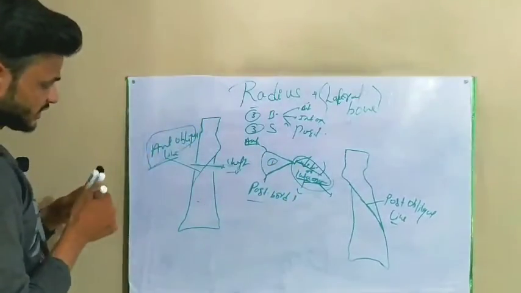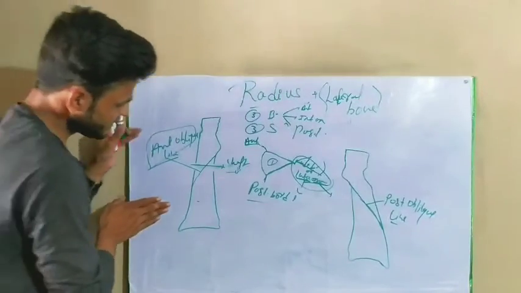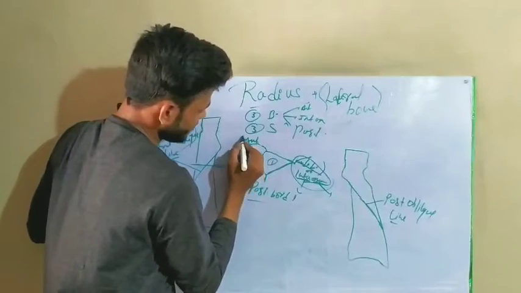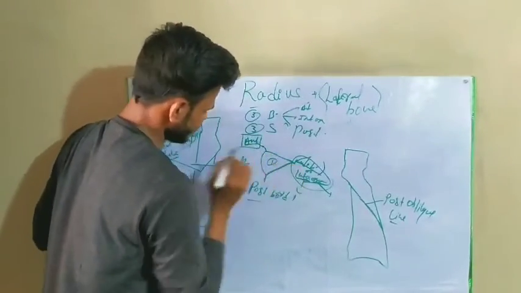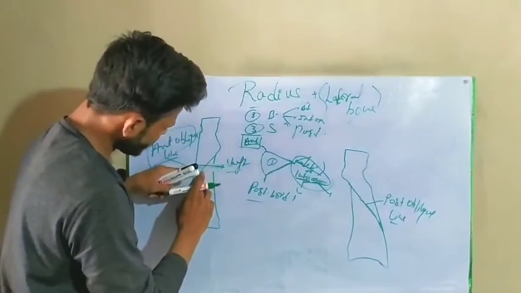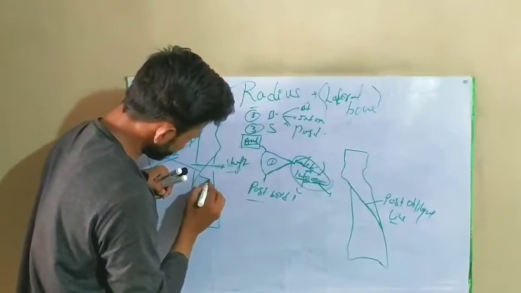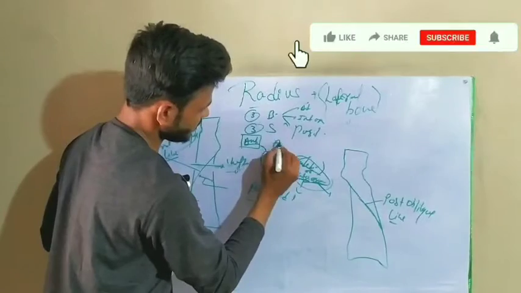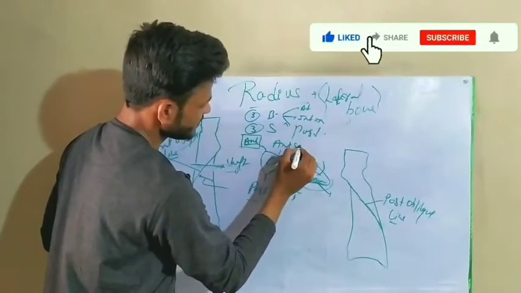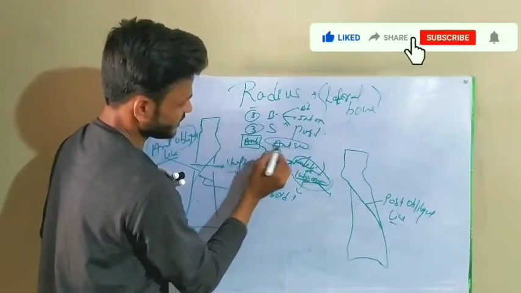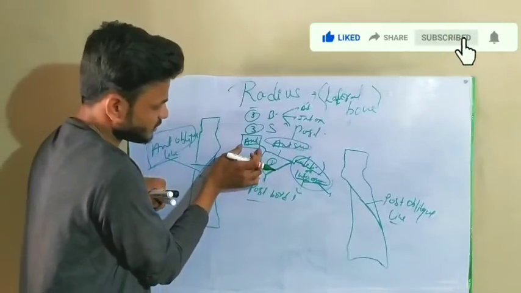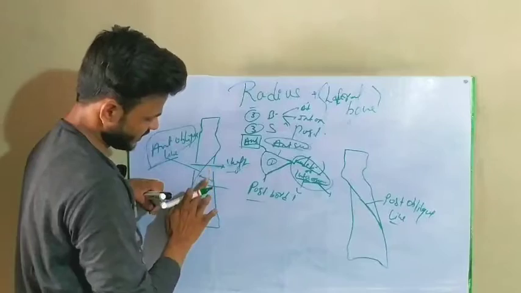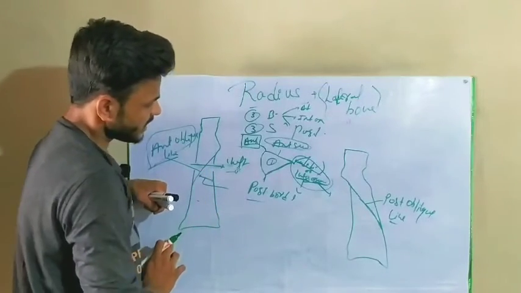And now surfaces. The surface present between the anterior border and the interosseous border is called the anterior surface. This is our anterior surface.